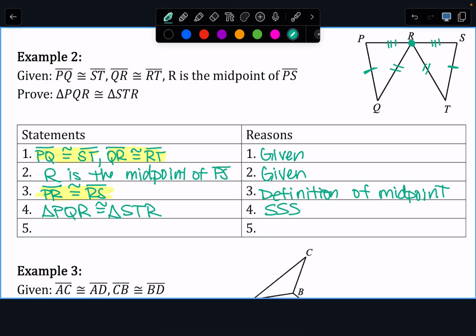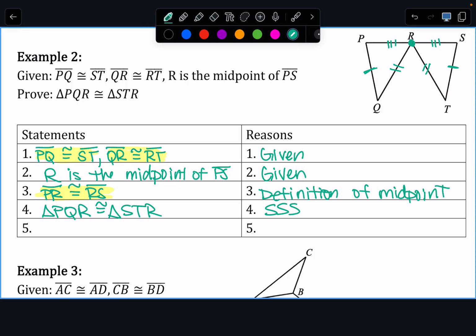Done. I have one question. I have one answer. On these, does it matter what order I put the triangle in? On example 1, it matters that the corresponding pieces match up, but it doesn't matter the order. Here, the order matters because I need the proof to be exactly what we land with here.